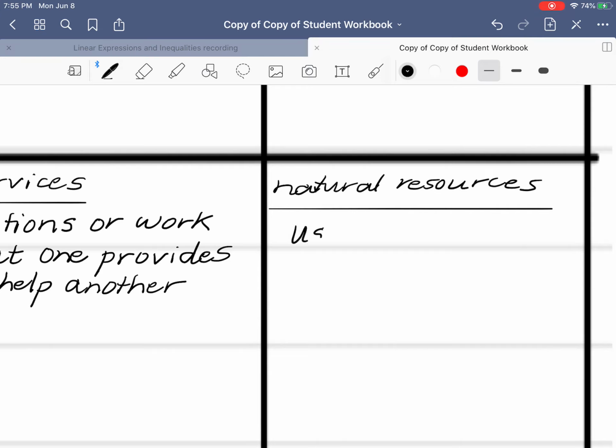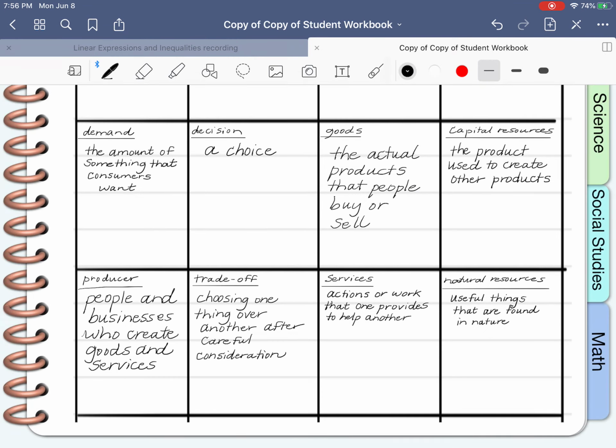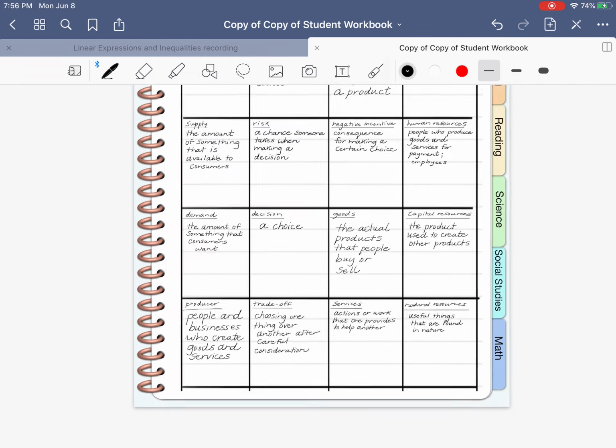Let's say useful things that are found in nature. Gold, silver, uranium, wind, natural gas, oil, trees. Those are natural resources.